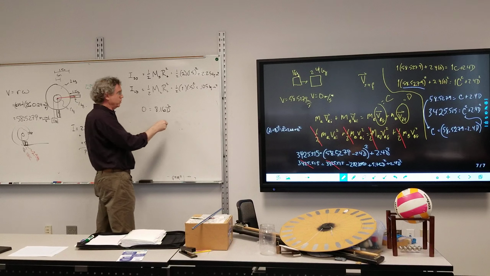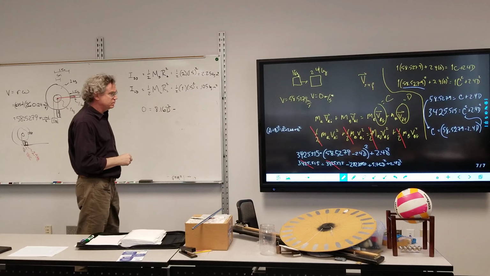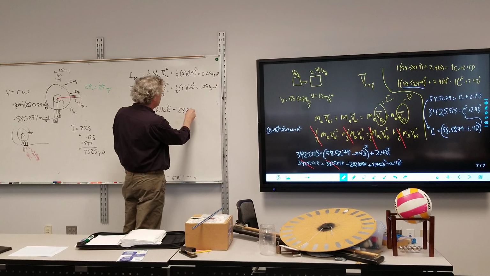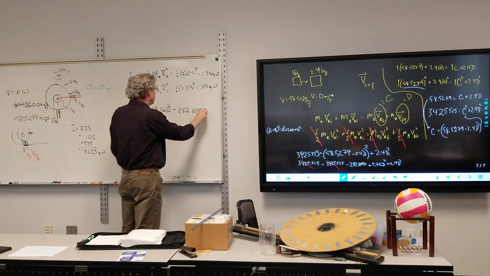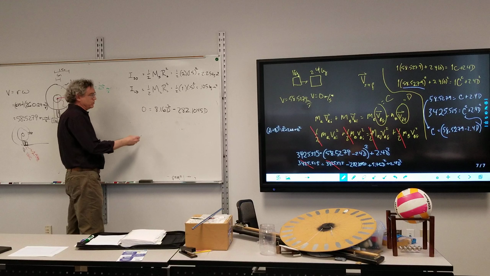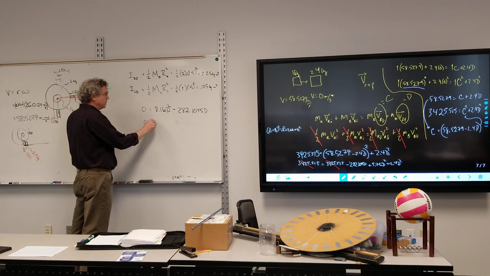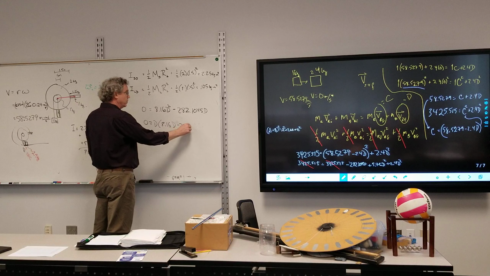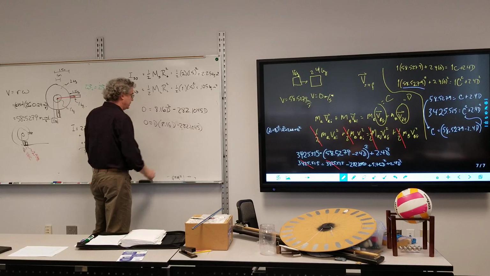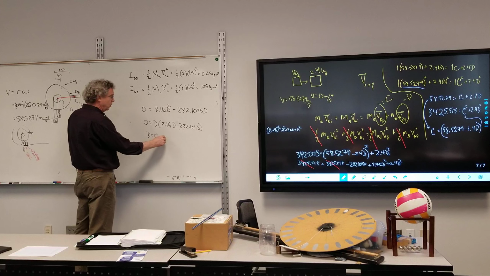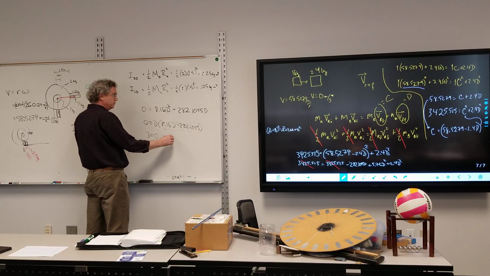Well, if it's wrong, we'll know in a moment. Minus 282.1045D. You can use the quadratic formula if you want to, or we can just factor this. So 0 equals D times (8.16D minus 282.1045). So D equals 0, the non-collision solution, or the other factor equals 0.